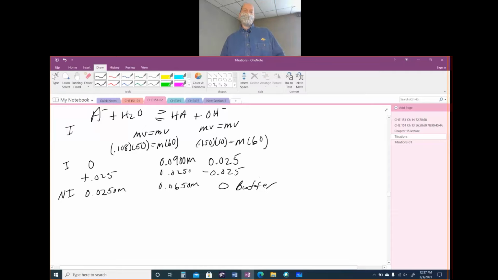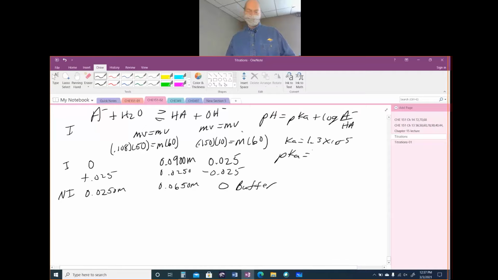And once you see that you have a buffer, you go that pH is equal to the pKa plus the log of A minus over HA. All right, and so the Ka was given. It was 1.3 times 10 to the minus 5. So since your Ka is 1.3 times 10 to the minus 5, the negative log of that gives you your pKa.